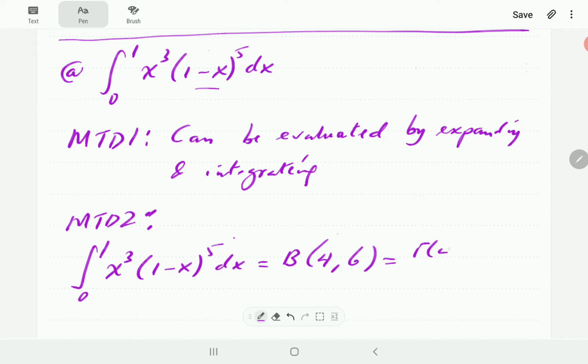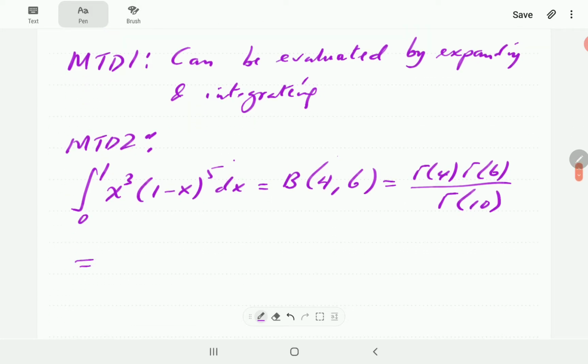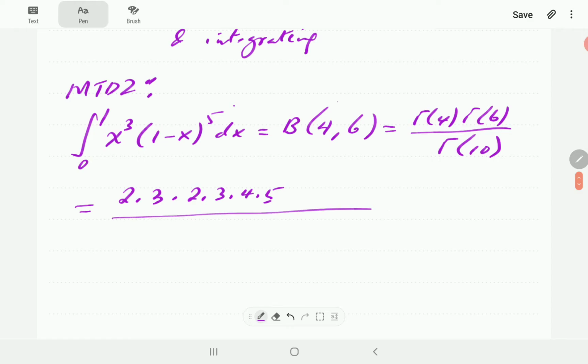So this is the gamma function of 4 times the gamma function of 6 divided by the gamma function of 4 plus 6. Then the gamma function of 4 is 3 factorial, so it's 2 times 3. Gamma function of 6 is 5 factorial, 2 times 3 times 4 times 5. Gamma function of 10 is 9 factorial, 2 times 3 times 4 times 5 times 6 times 7 times 8 times 9.